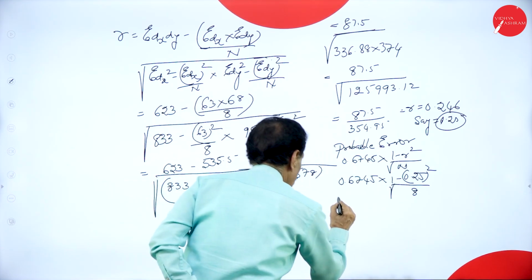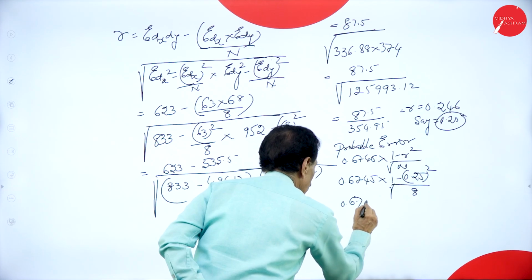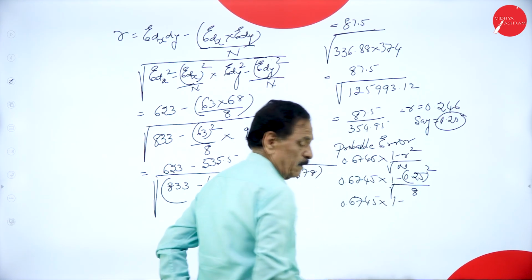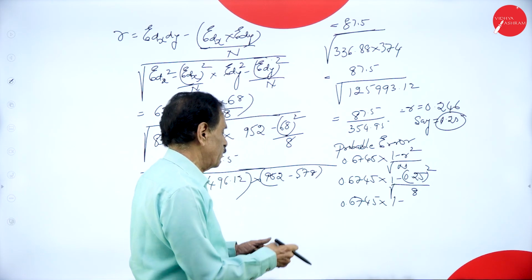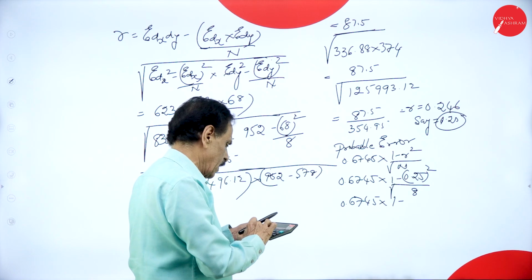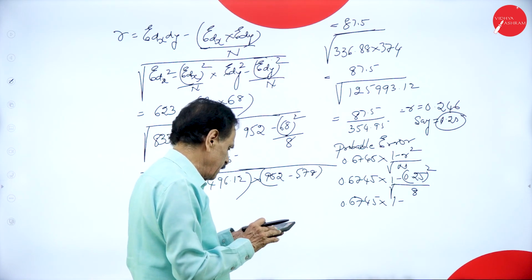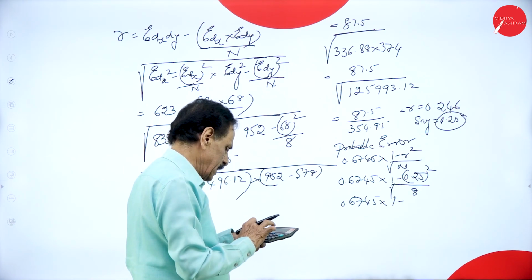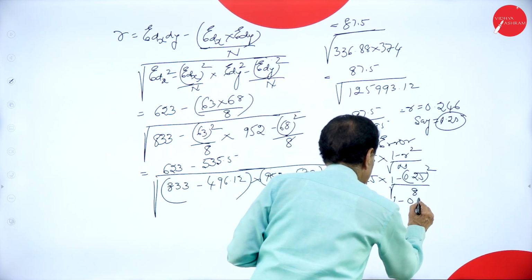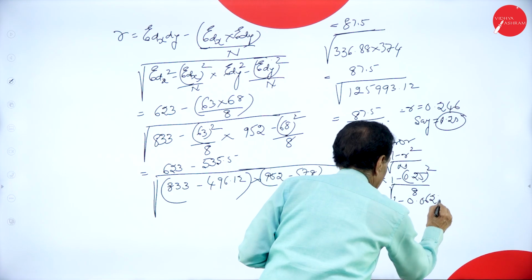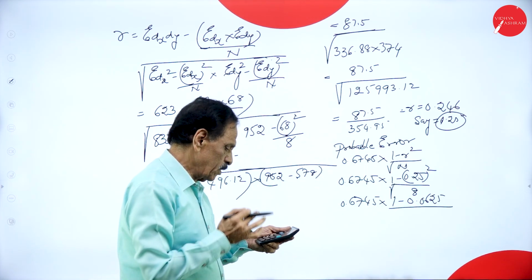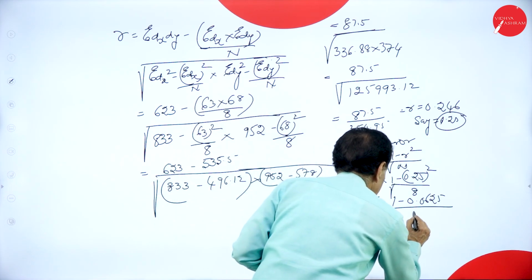Simplify: 0.25 into 0.25 is 0.0625, and root of 8 is 2.83.